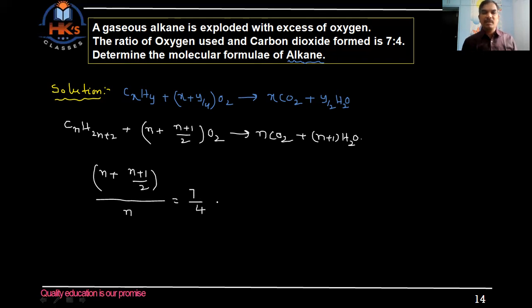So cross multiply this and get the value of n. We'll get the value of n is equal to 2, students. Substitute here, this is given as alkane. That means C2, H 2 into 2 plus 2, 4 plus 2, 6, will be C2H6 is the hydrocarbon formula. I hope all of you understood this, students.